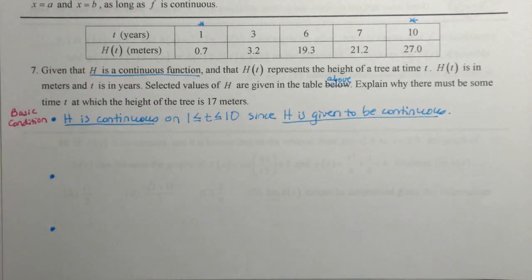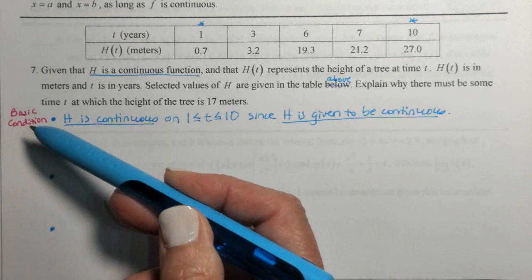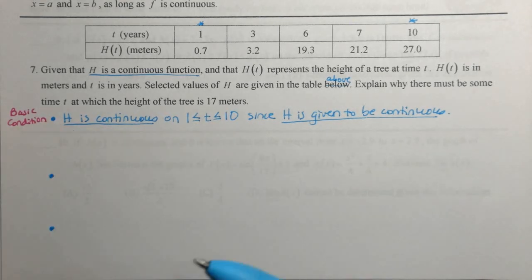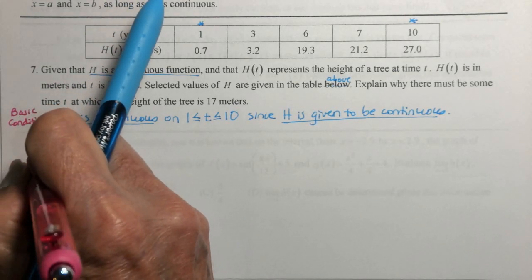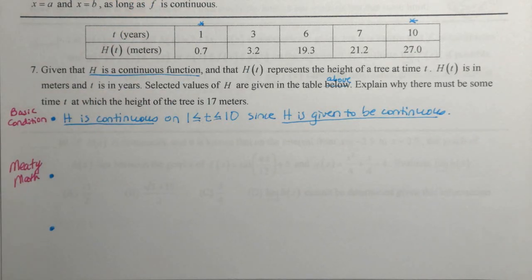When we do our next existence theorem, you guys, we're going to have the same steps. Still 3, and the first one is the basic condition. So I'm getting you guys used to doing that. Okay, the next step I call my meaty math step. This is where the numbers come in.